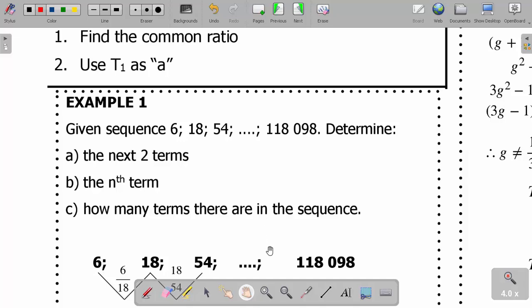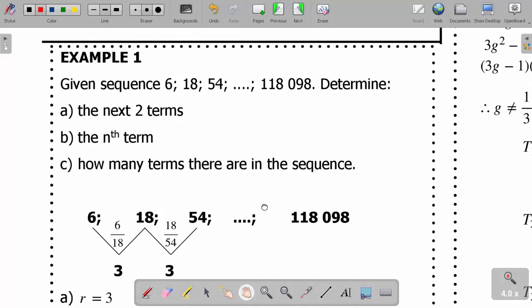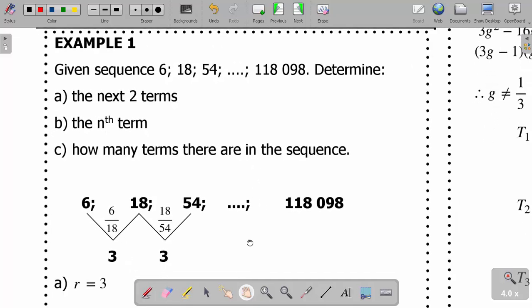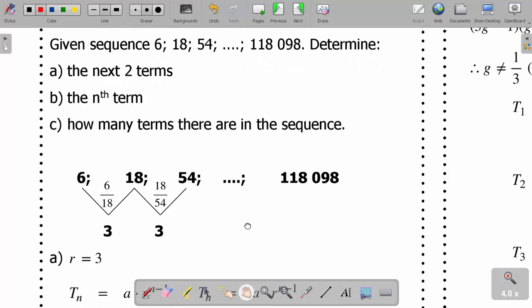First of all, like we said, guys, this is our T1, this is our T2, and this is T3. Because we have got those first terms, we can check.